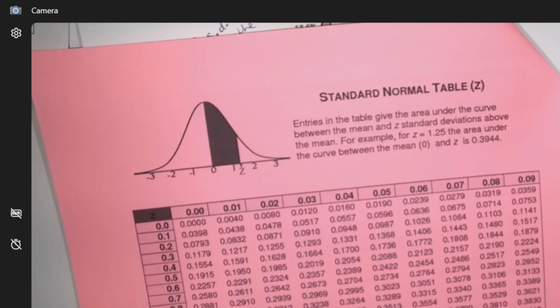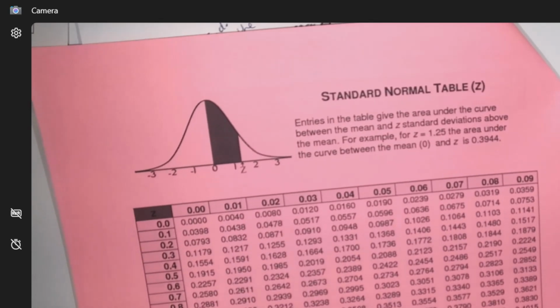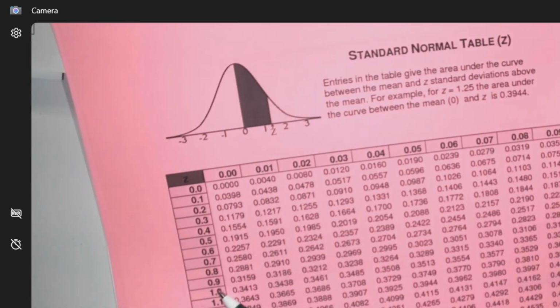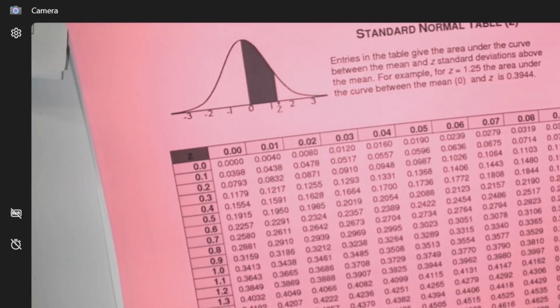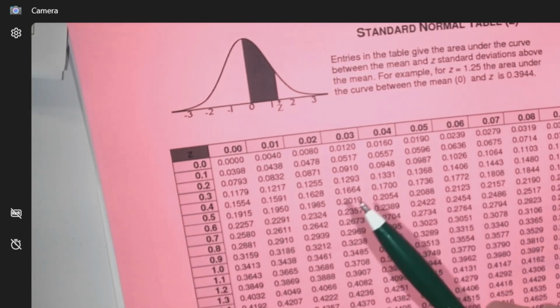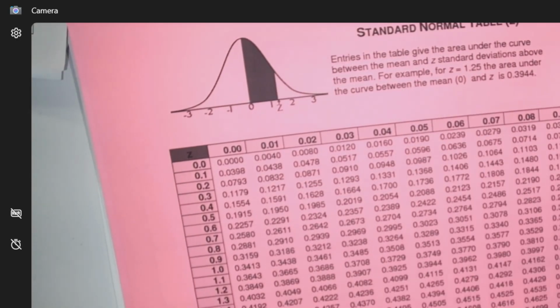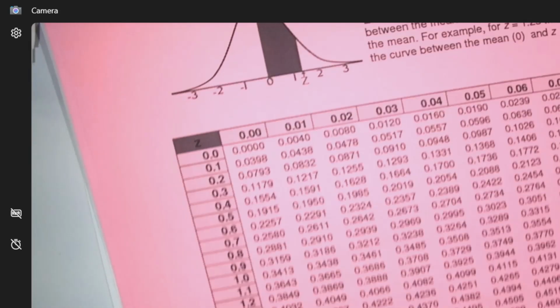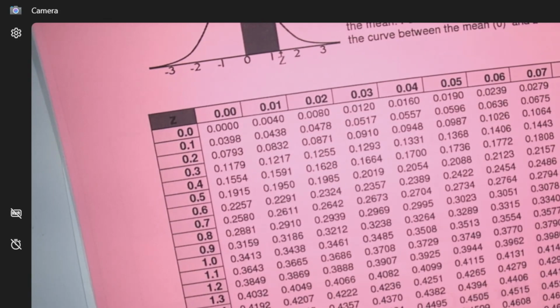Okay? So how do I read this chart? Okay, 1.8. So I go down here. I go to 1.80. 1.80. And I get 0.4641. Is that what you are at on your chart? Okay, 0.4641.